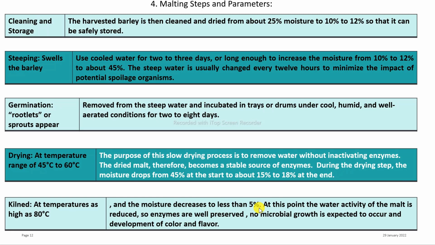Enzymatic activities are slightly reduced, but they are preserved. No microbial growth is expected to occur, and color and flavor develop. These are the main processing steps and parameters involved in the malting process of barley grain.